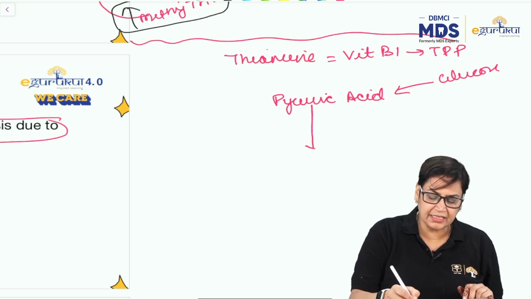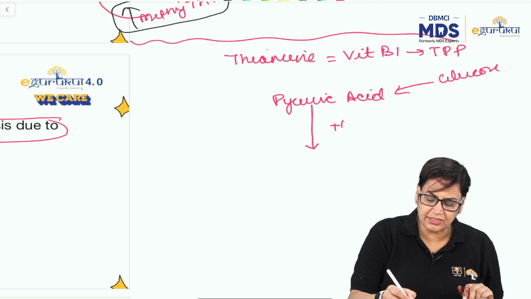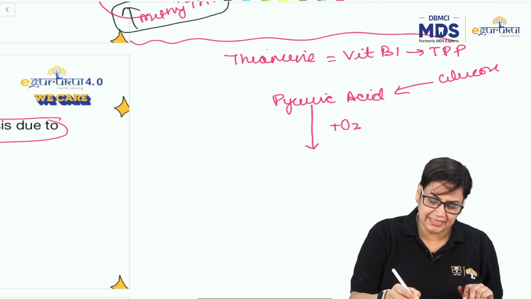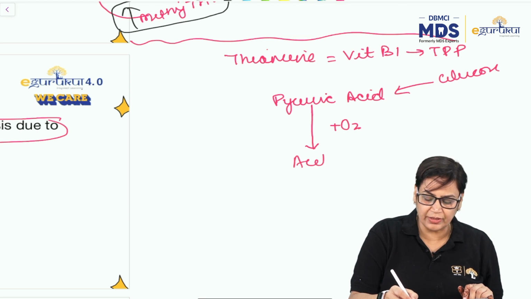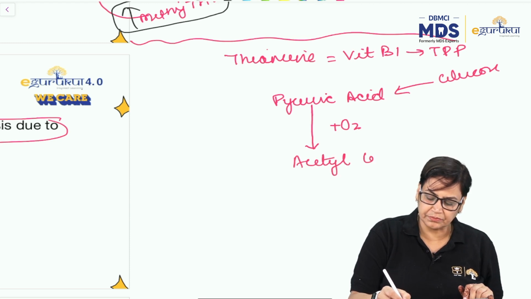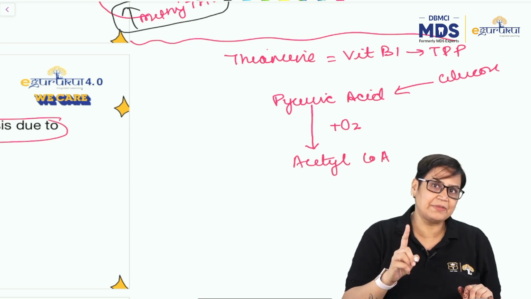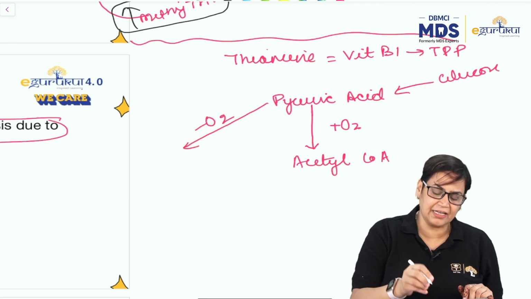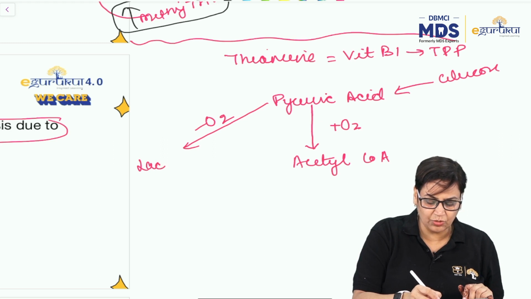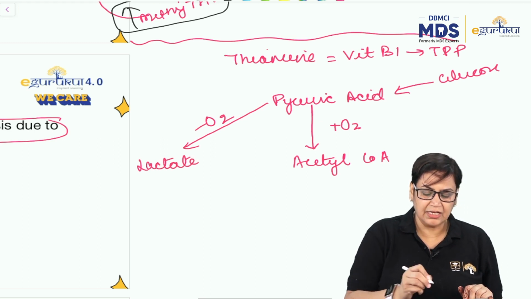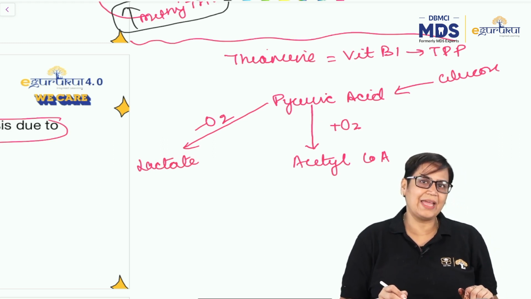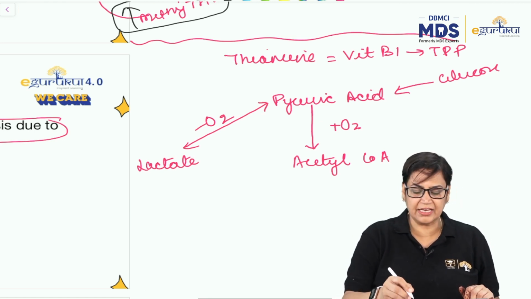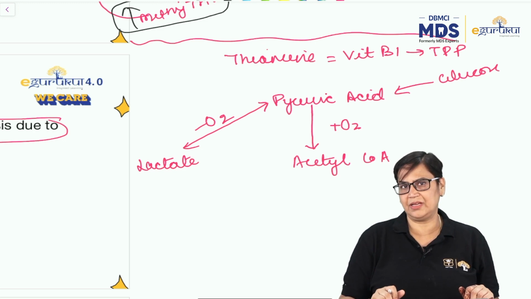If it enters the mitochondria in the presence of oxygen, it loses one molecule of carbon dioxide, forming acetyl coenzyme A. In the absence of oxygen, as happens in the skeletal muscle, it is converted into lactate. Now, what is the difference between these two reactions? This reaction is reversible, and this reaction, as you can see, is irreversible.